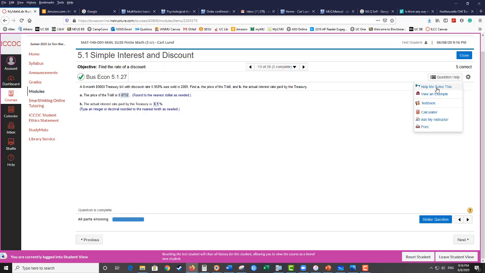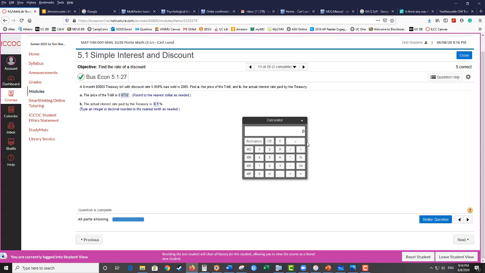Similarly, the other thing that's also often there is Help Me Solve This. That would actually walk you through this problem step by step. And then we give you a similar problem to do for credit. Remember too, there's also a calculator built into MyMathLab, but it's often going to be easier for you to use your calculator because the MyMathLab calculator is usually pretty simple unless it's a graphing problem.